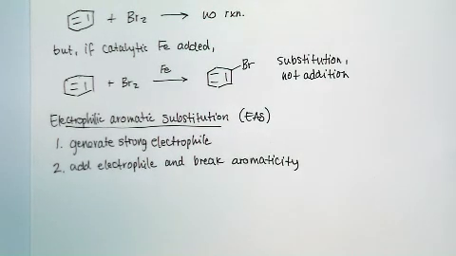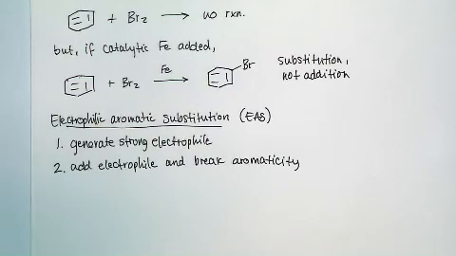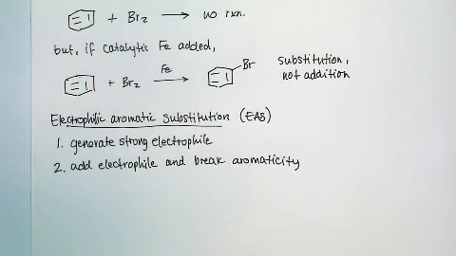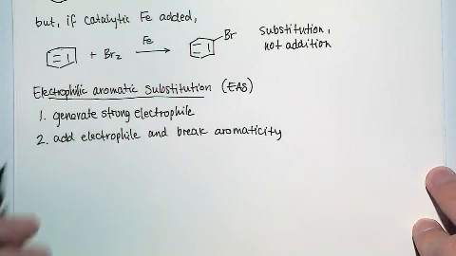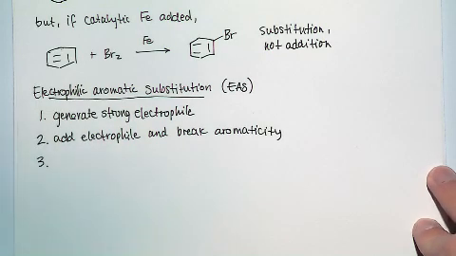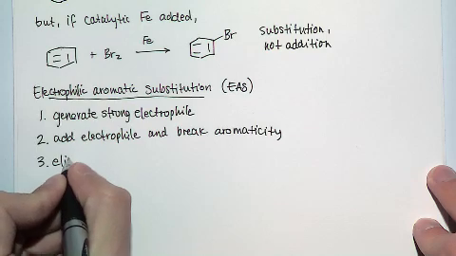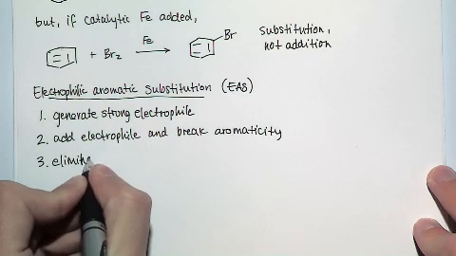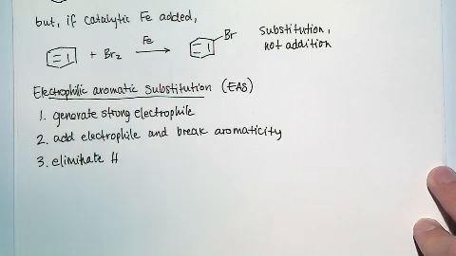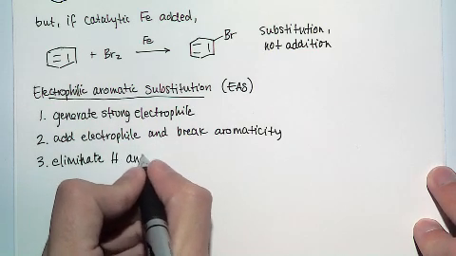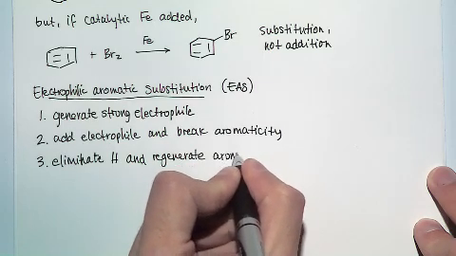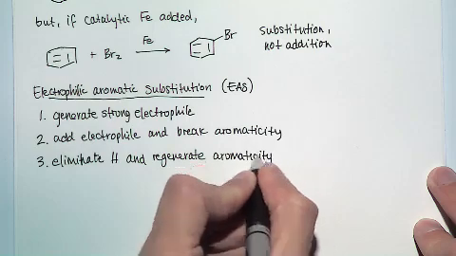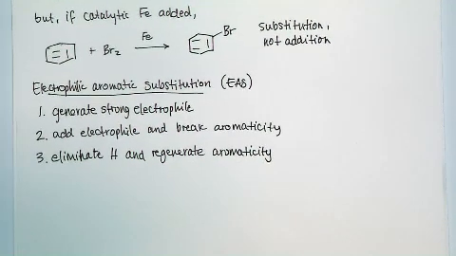Breaking aromaticity is generally unfavored, but if we've got an electrophile that's strong enough, we can kind of get away with it. And the third step is we're going to do an elimination reaction. We're going to eliminate a hydrogen atom and regenerate aromaticity.